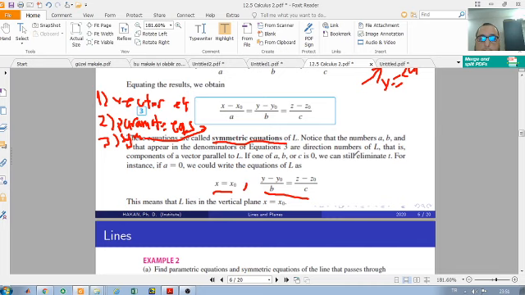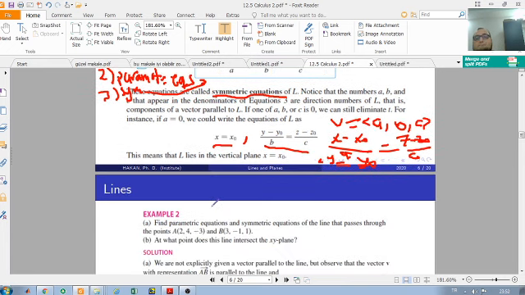If for example the second component of the direction vector is 0, so it has components a, 0, c, we write (x minus x0) over a is equal to (z minus z0) over c, and we write y is equal to y0.